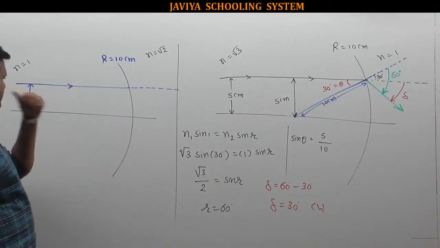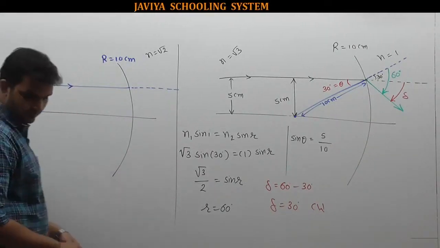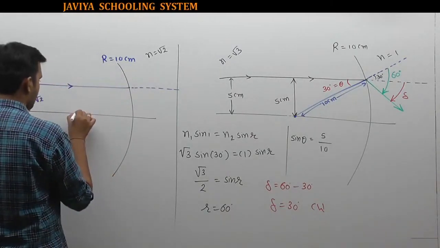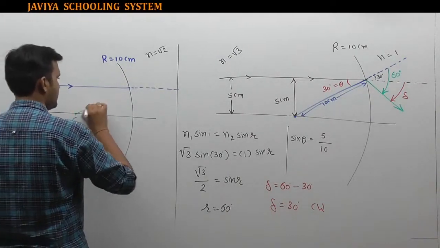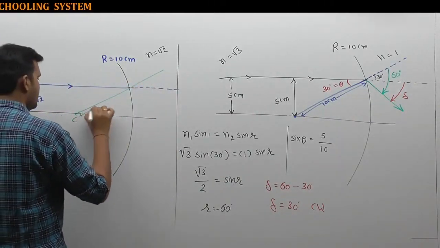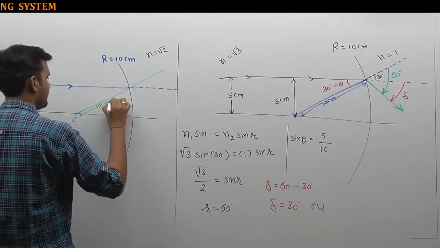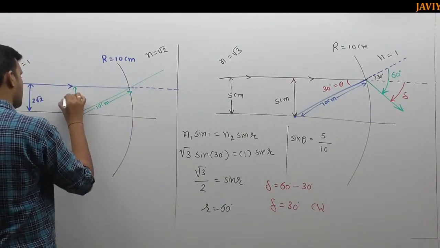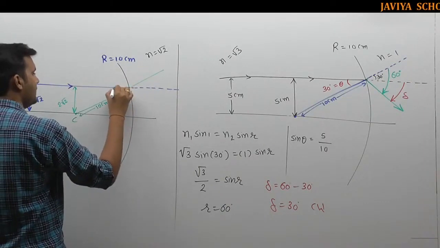So first we are supposed to find the angle, right? So for that angle, this is C, and this distance is given as 10 centimeter, and this distance is given as 2√2. So this angle is theta.